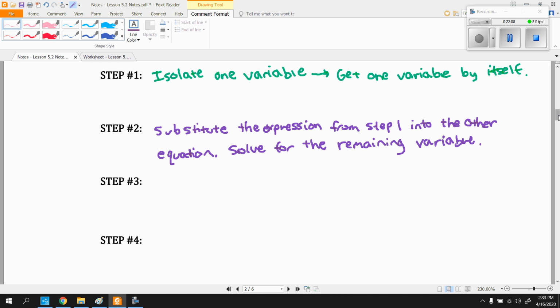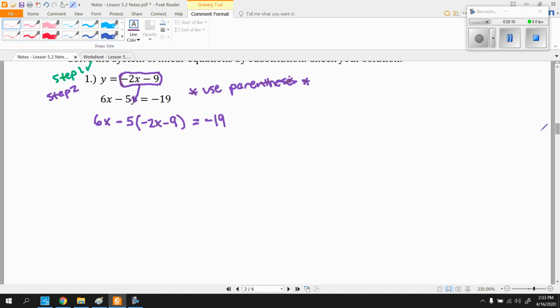How many variables do I now have in what I just rewrote in purple here? I've got an x here, let's see, and I've got an x here. We've gotten rid of one of these variables. The y's have essentially kind of gone away. Now our job, which is, again, kind of loaded here, I'm going to kind of step 2, still step 2, but just to kind of distinguish a little bit, is now the second part is solve for this x. Get this x by itself. There's a lot going on here.